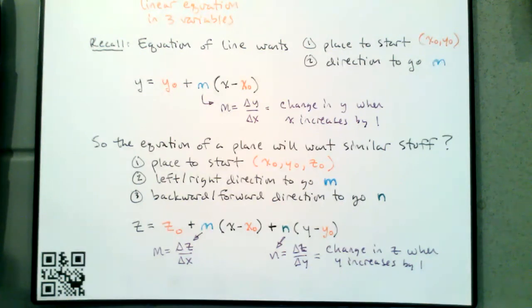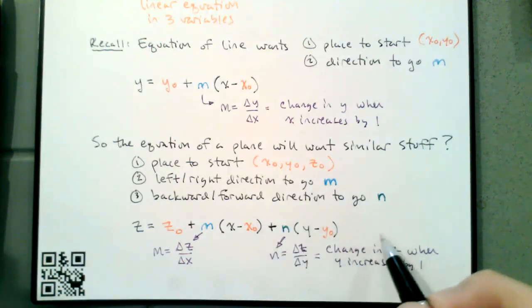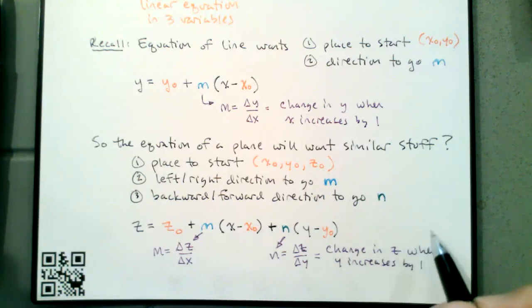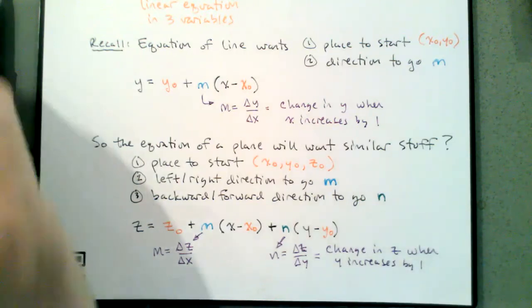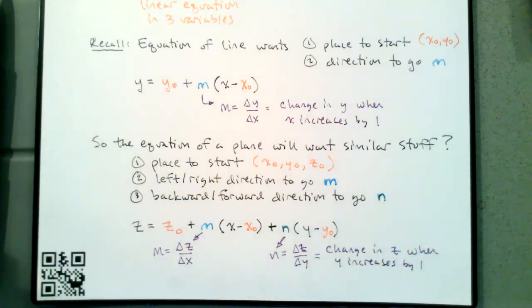Add another direction and another start with w naught. That's exactly what we would do. So m, n, then there would be a plus p times w minus w naught. That would be how z is changing in the w direction. This is why we like linear functions, because we can describe the changes very simply. It's always doing the same thing.